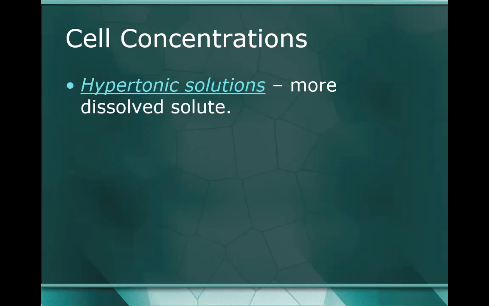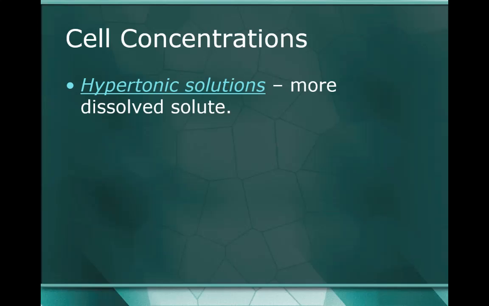So let's review those terms that we gave you last class going over cell concentrations. Let's start out with hypertonic. Do you guys remember what hypertonic means? Good. Hyper means above or beyond, so hypertonic means more dissolved solute. What about hypotonic? Good.